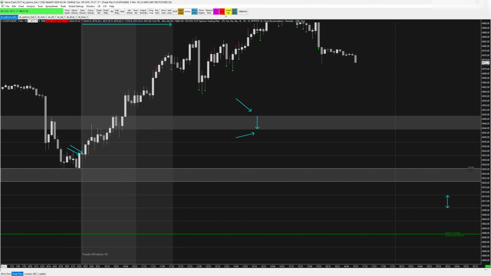Okay, let's have a different entry placement. Let's say that market opens here. Okay, let's say it opens here, right? So this is my long. This is where I open my long. Where is the closest unit of risk?